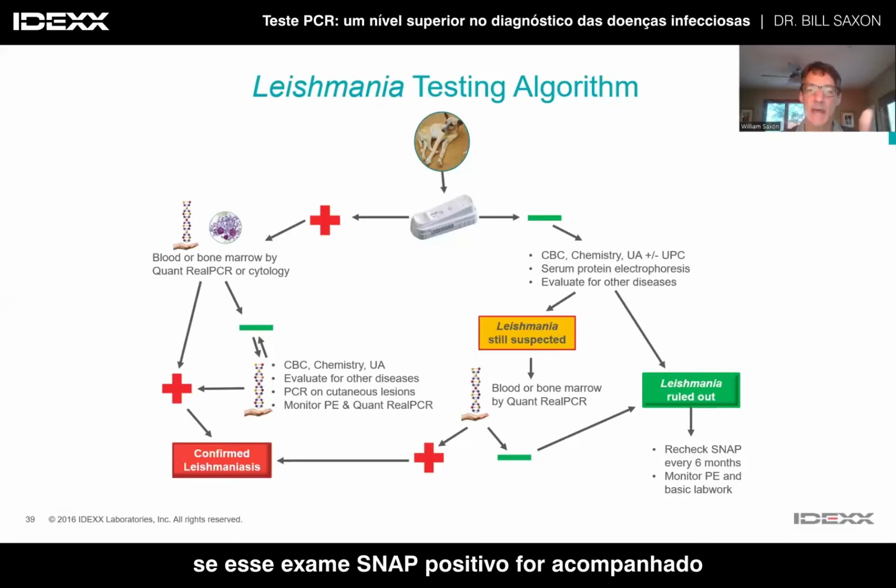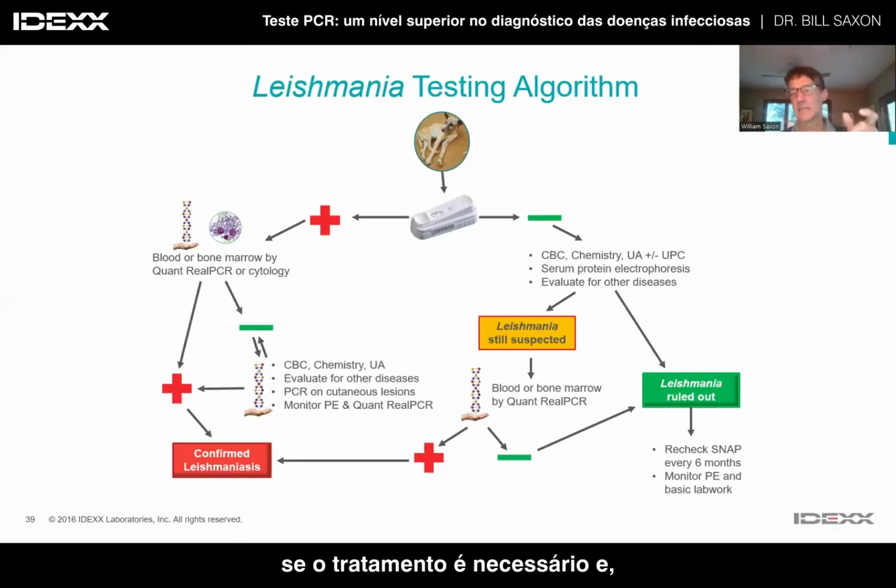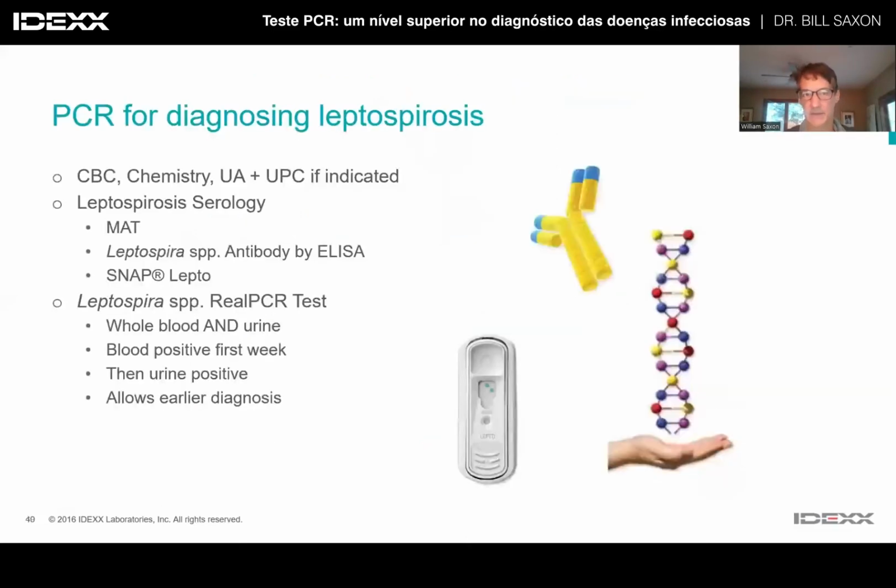And then if that positive SNAP test is followed up by a positive quantitative Leishmania PCR, then you've confirmed the diagnosis. With that level, you can determine what stage, what treatment, whether treatment is necessary, and then you can monitor response to treatment by following up, doing serial PCR tests, okay?